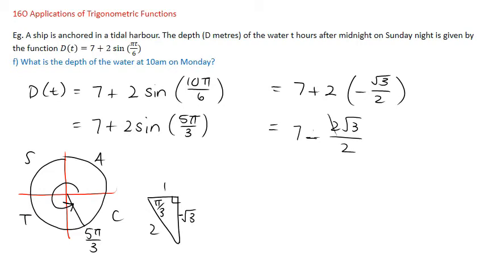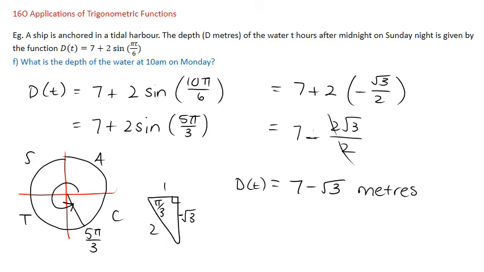Cancel out the 2's and we get 7 minus root 3. D of t is depth in meters, so 7 minus root 3 meters.